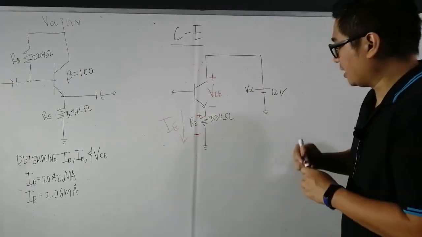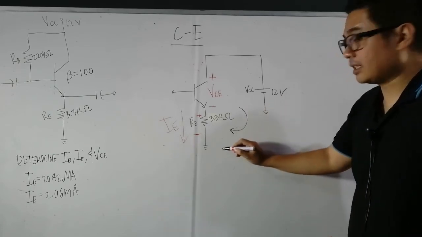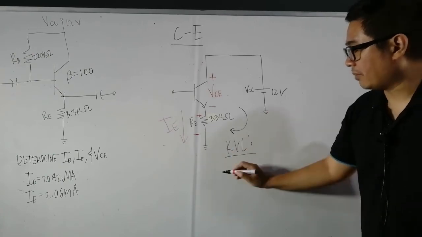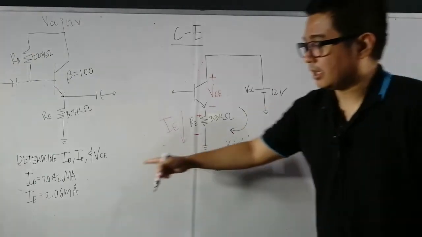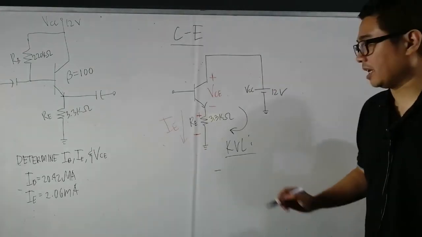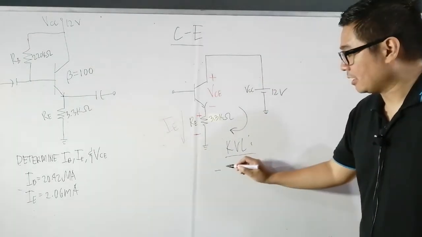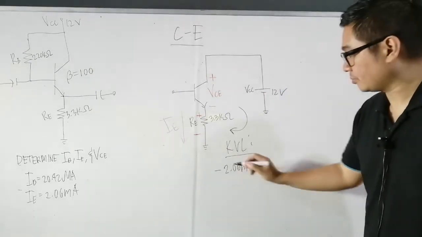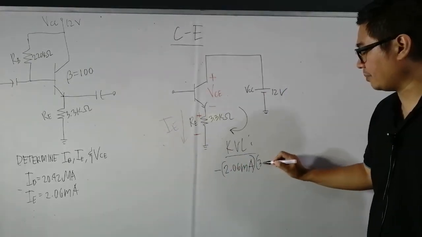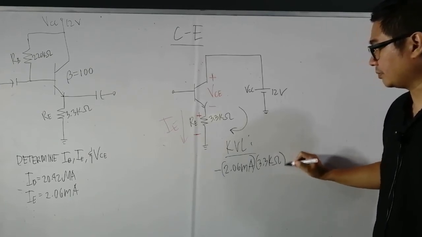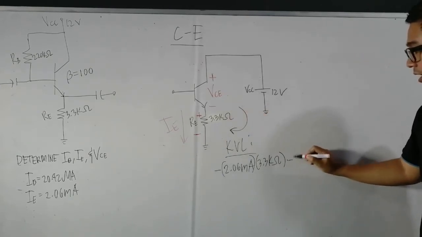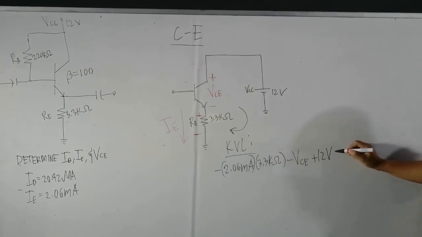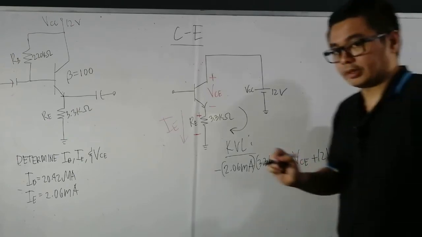Let's write down the KVL equation. Let's do it clockwise. KVL. We have minus IE is calculated to be 2.06 milliamperes. Pwede na natin idirekta. This is 2.06 milliamperes times RE of 3.3 kilo ohms minus VCE plus 12 volts is equal to 0 volt.